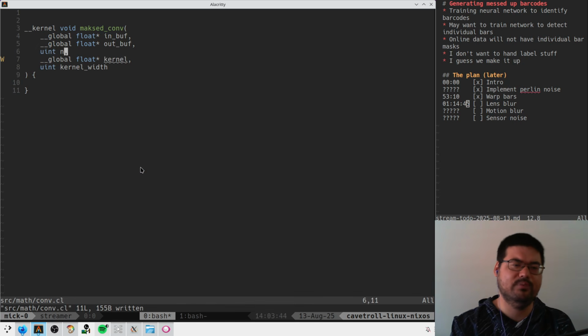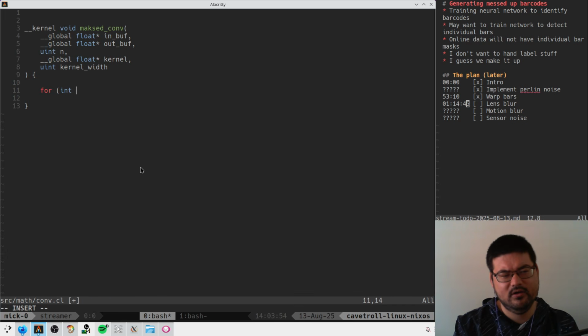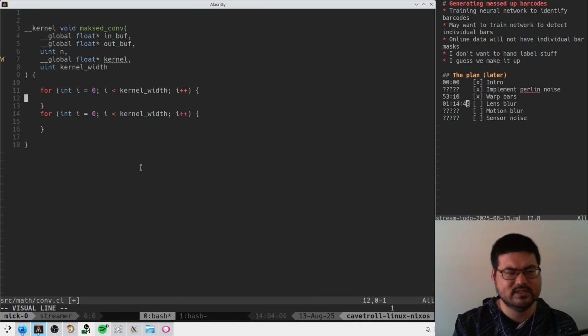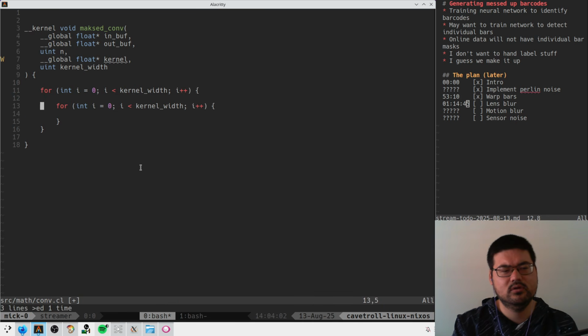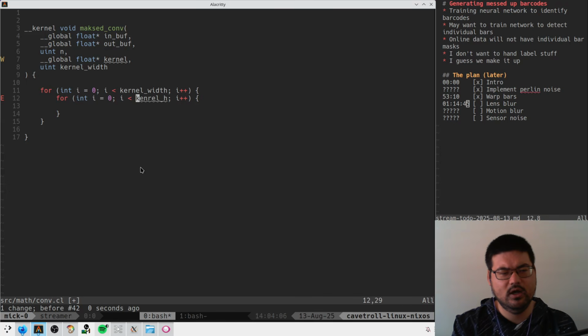This is how big the thing is, and what are we doing? It's like, for int i equal to 0, i less than kernel width, i plus plus, we do this twice. We run this in both directions.